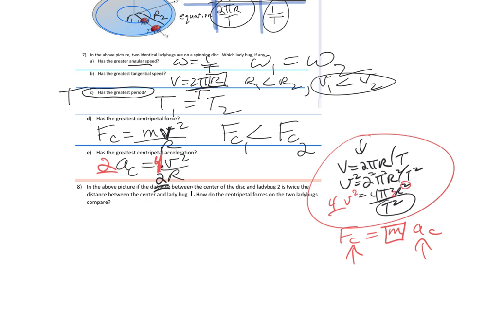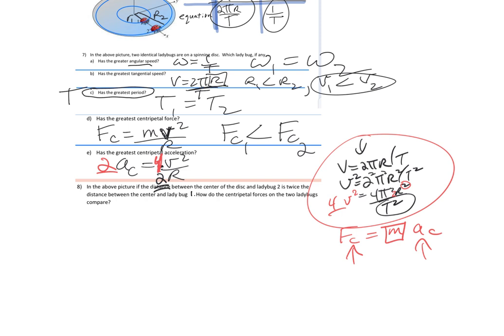Okay, so number 8, how do the centrifugal forces compare? Well, I already did that. With this work, it is twice as much.